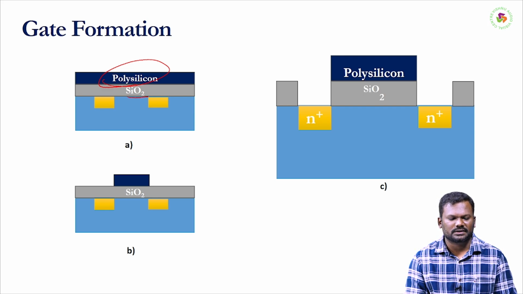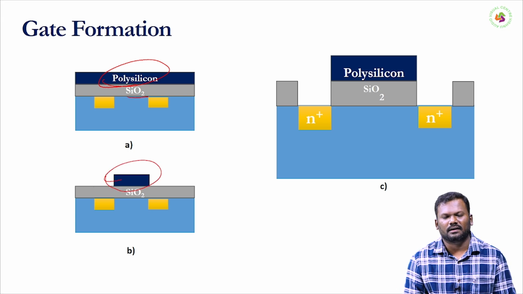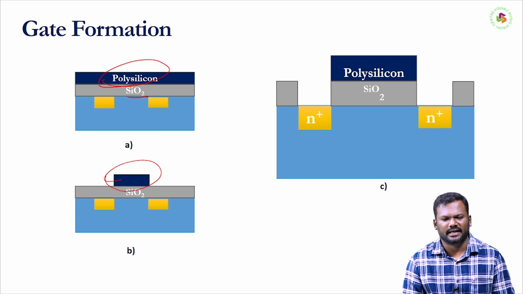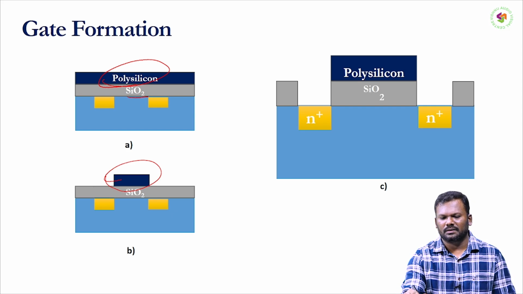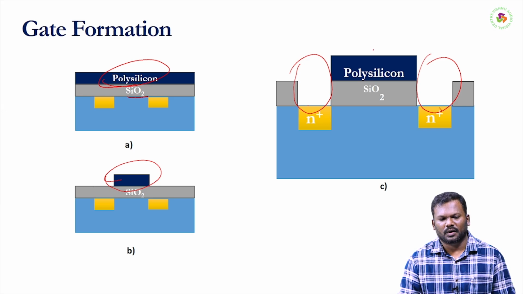How do you remove these portions? By using the etchants. So now this portion of polysilicon remains. This acts like a gate. Again you need to use some etchants to remove the silicon dioxide, and finally you need to make electrical contacts at these particular places. Now it acts like a MOSFET.